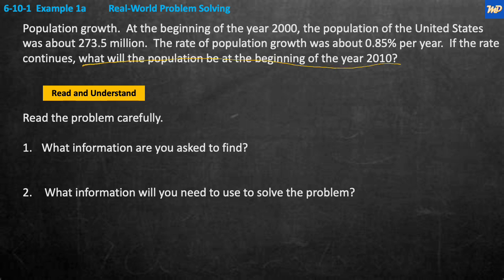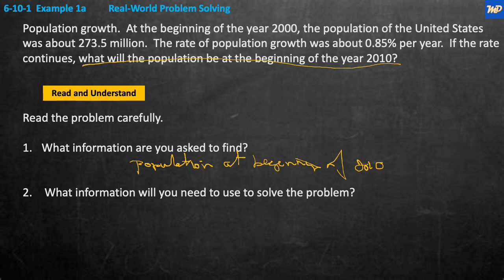That's the question right there. So the answer here is going to be the population at the beginning of 2010. That's what we're looking for.